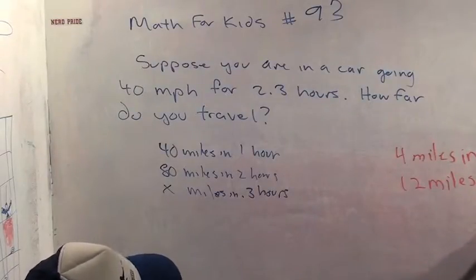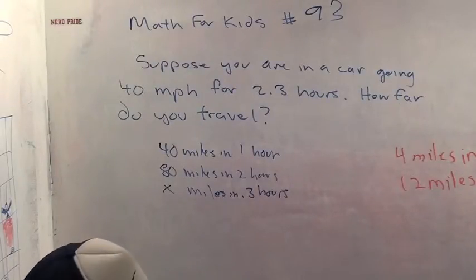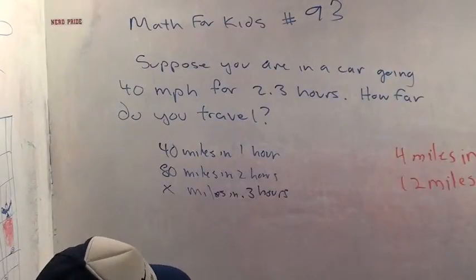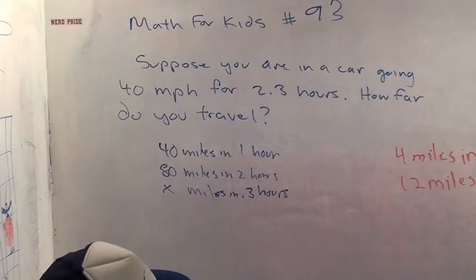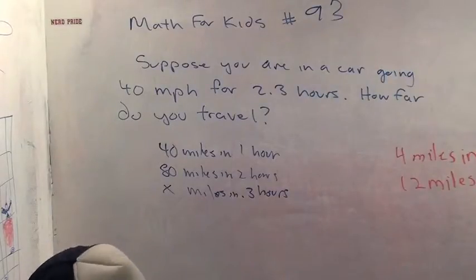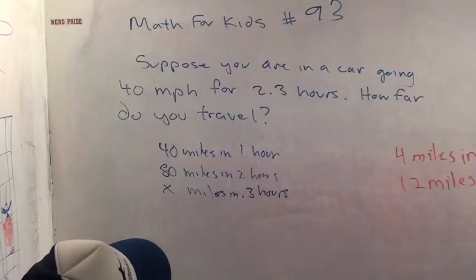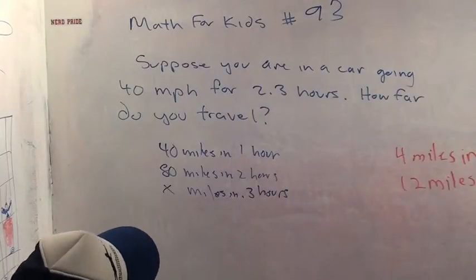Okay. Let's check if that's still on camera. It went off. Uh-oh. 12 miles in 0.3 hours though. So how far do you go in 2.3 hours? Get 92 miles. 92 miles. Okay, very good.